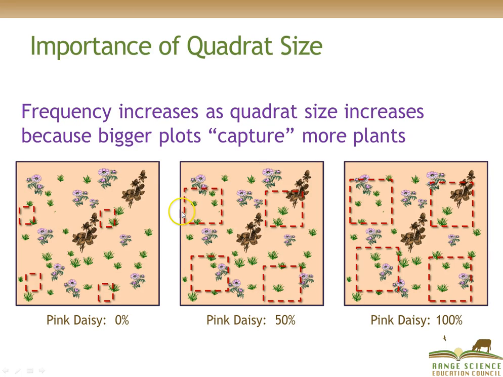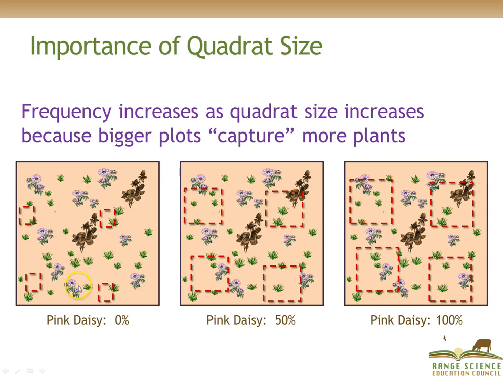And that's because as we lay down a larger size quadrat, it's going to be able to encompass a larger part of the environment, and it's going to capture more plants in the quadrats. So this illustrates the direct effect or the direct influence of quadrat size on frequency measurements.